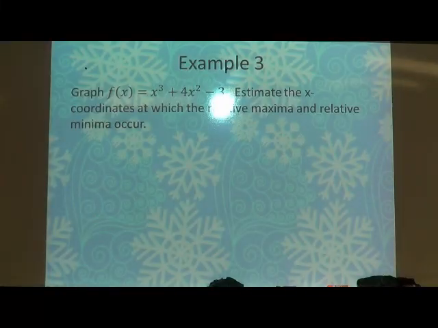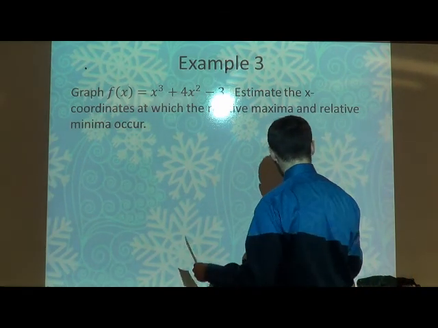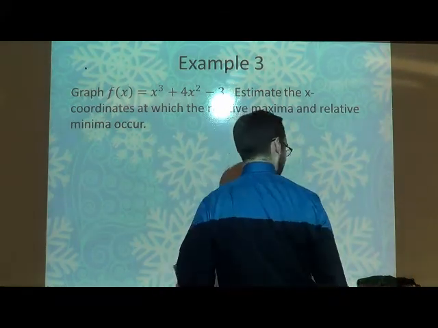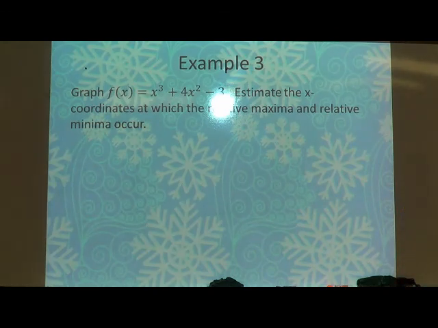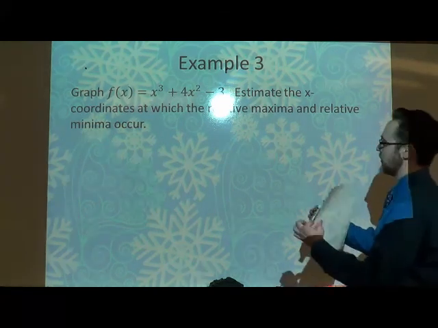So they want us to estimate the x-coordinates in which the relative maxima and the relative minima occur. So what we want to do, we want to look and we want to do a table of values, which I think I have handy here. Yes. So let's go ahead and do this table of values. Now on your paper, I give you the graph.